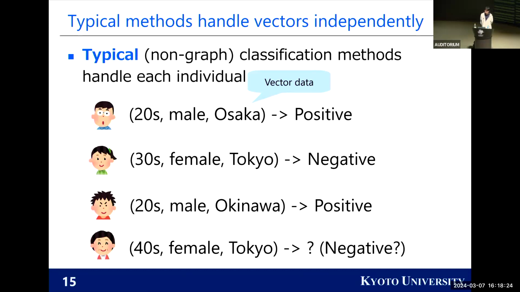We first make a training data set of pairs of such feature vectors and labels, like positive or negative. By using these data, we train a model, and in the test phase, we feed the feature vector to the model and predict the label of each person. This is a typical procedure of machine learning for vector data.